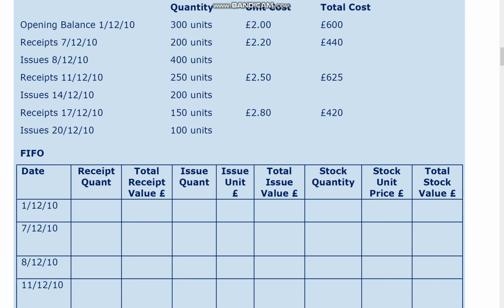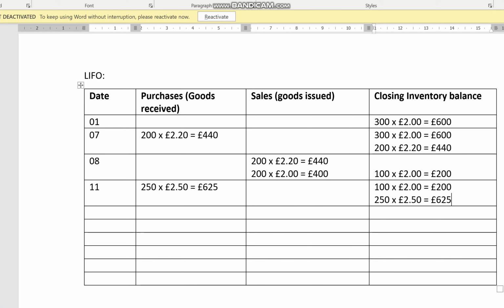Then on the 14th, they issued 200 units. So again, please ask yourself a question. Which of these 200 units were they? Have we sold 100 units or have we sold these 250 units? So 200 units were sold from the last in. Last in is simply this 250.